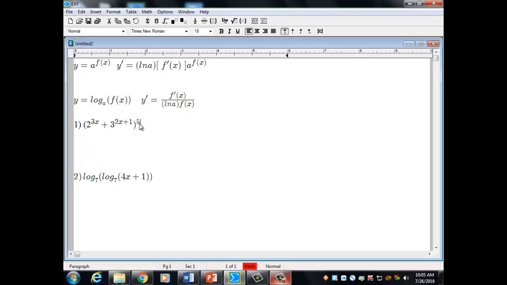So the first piece of this is going to be 5, then all of this raised to the 4th. Does that make sense? But now we have to take the derivative of this inside part.